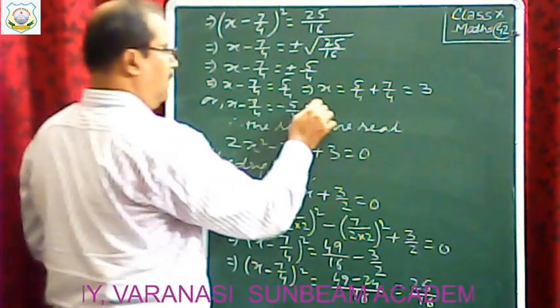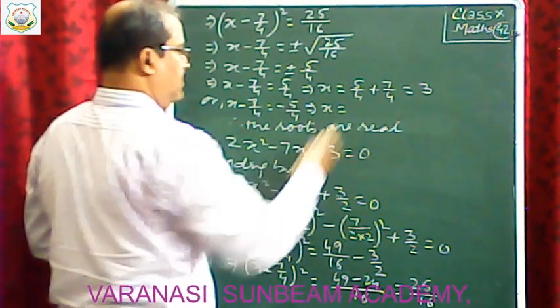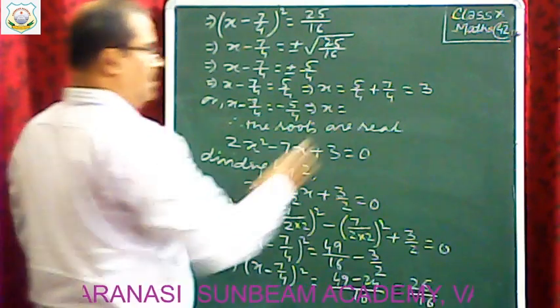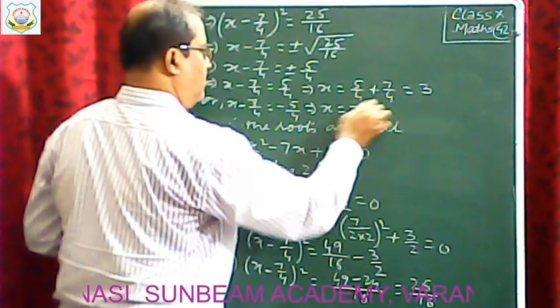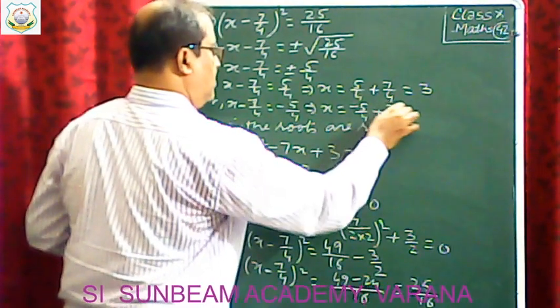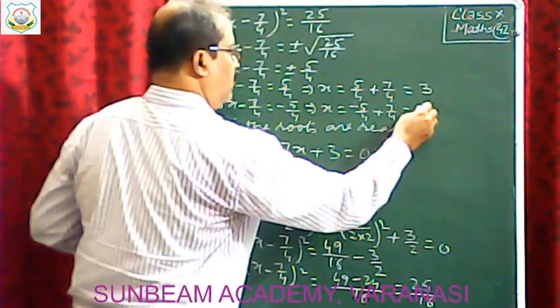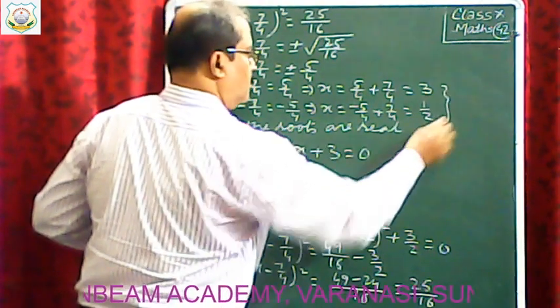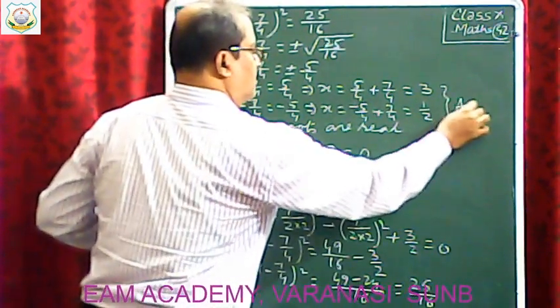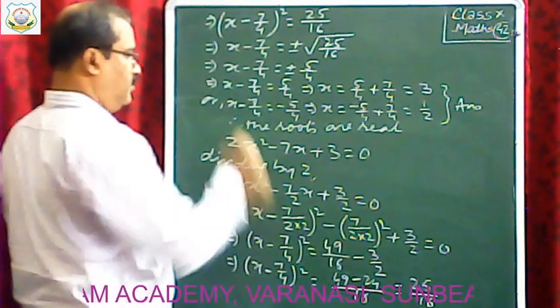Now one by one you have to find the value of x, taking plus and minus separately. So x equal to minus 5 by 4 plus 7 by 4. So 2 by 4 means 1 by 2. This is your final answer or roots.